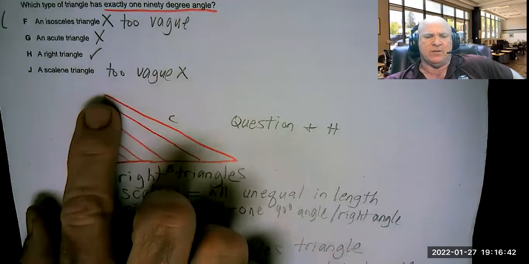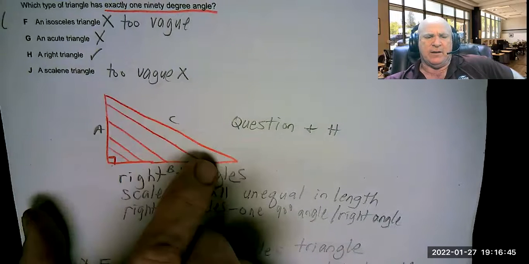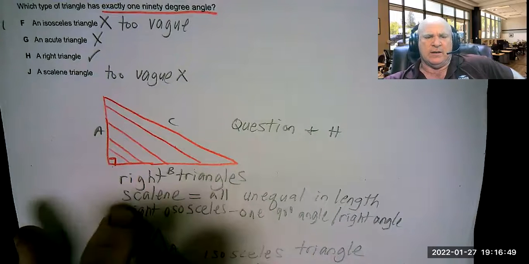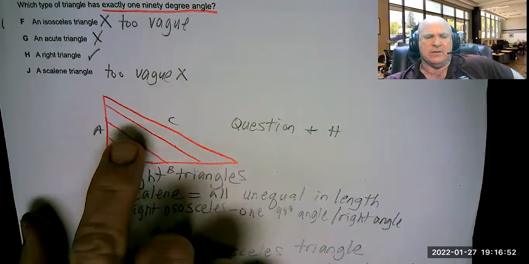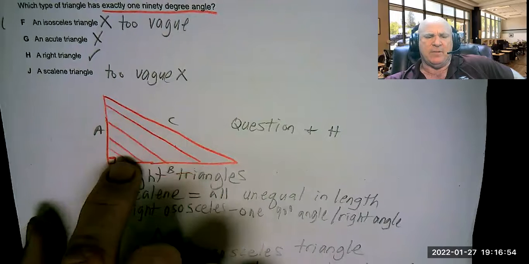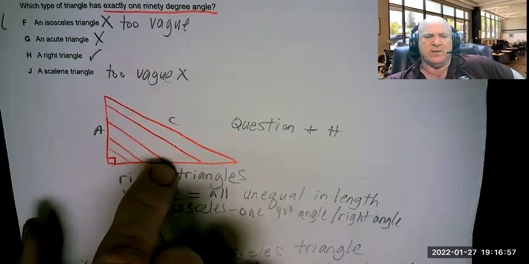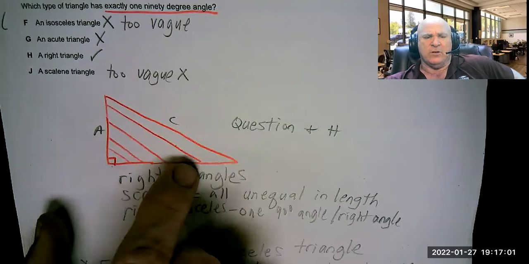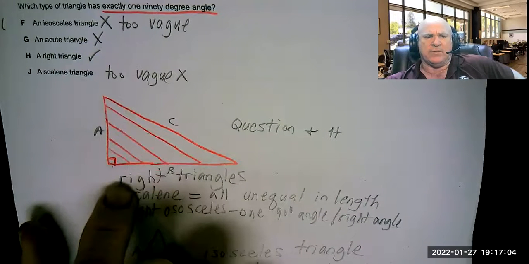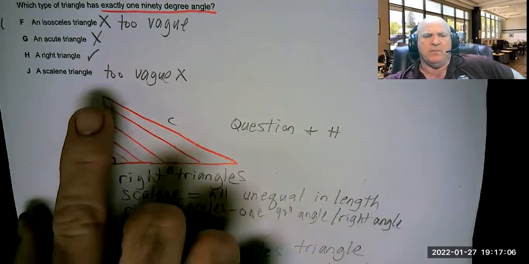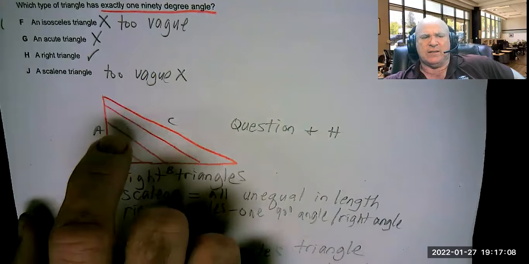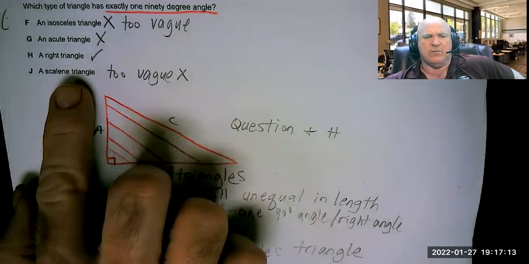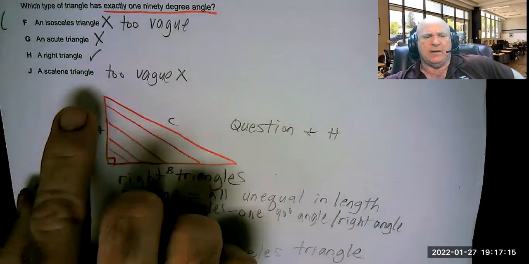So even though this is not a right isosceles, the two connecting sides of the right angle usually are the same length, and it would be one of these other lengths here to form the isosceles, and the opposite angles would be acute. So because that's too vague, it just says scalene, it doesn't necessarily mean it's a right triangle. So I'm going to eliminate that one.